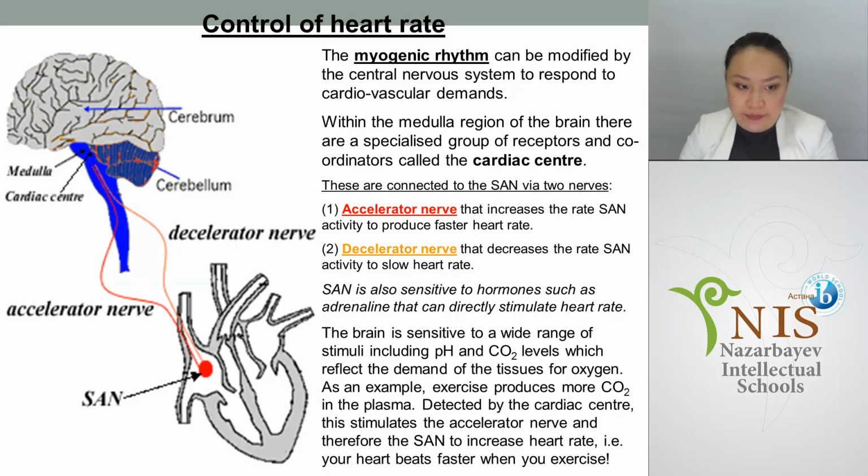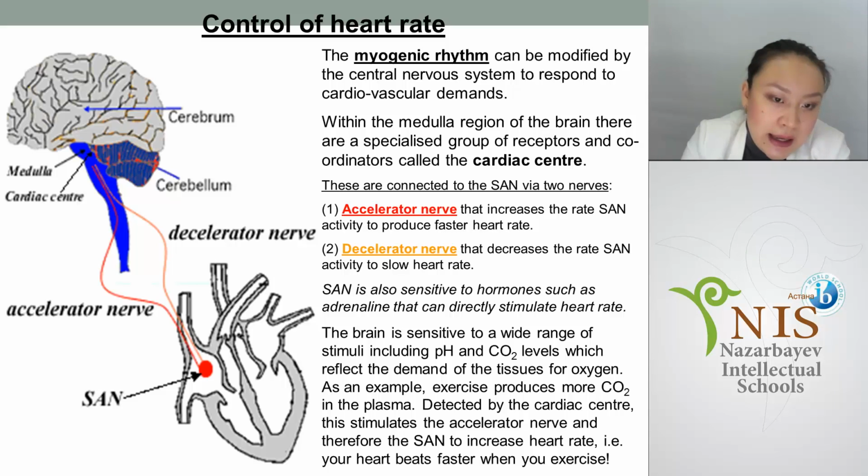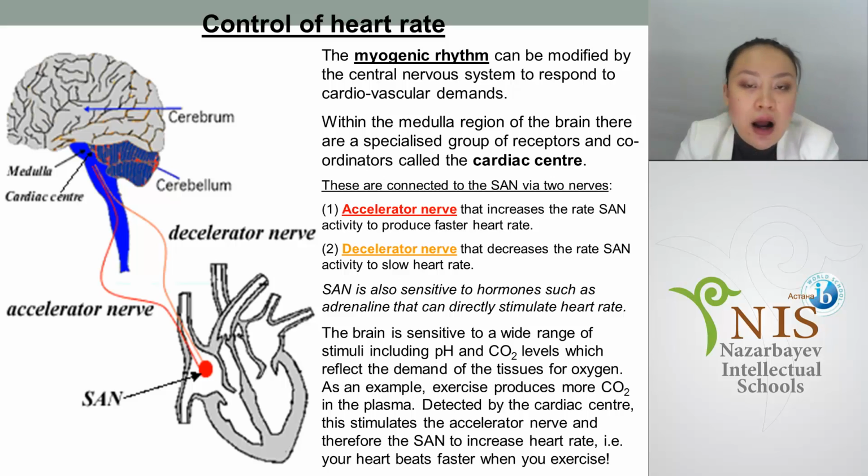First, look at this picture. In this picture, you see our brain. And as you see, within the medulla region, we have a center which we call the cardiac center. They are connected to the sinoatrial node via two nerves.